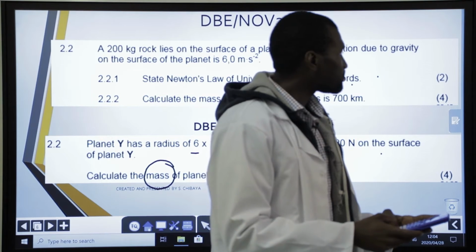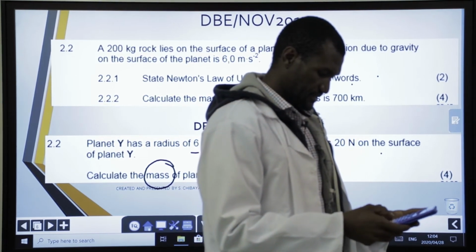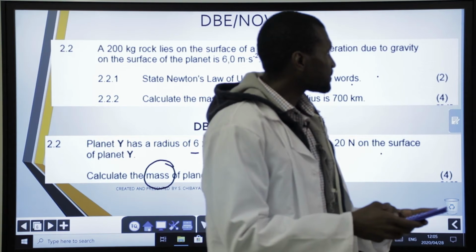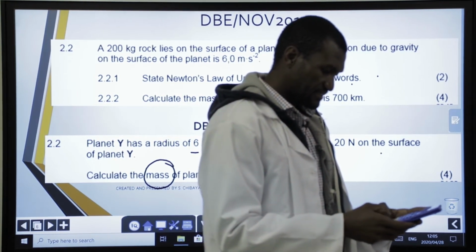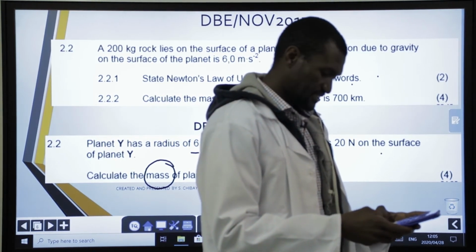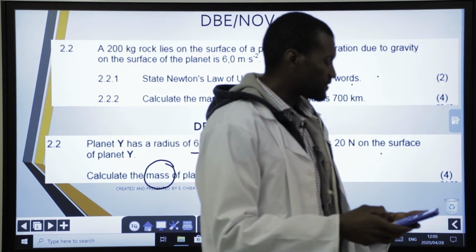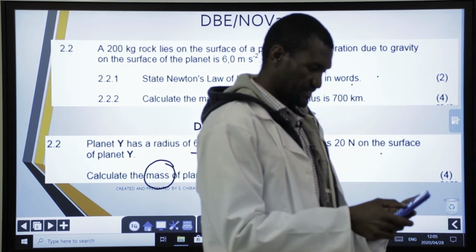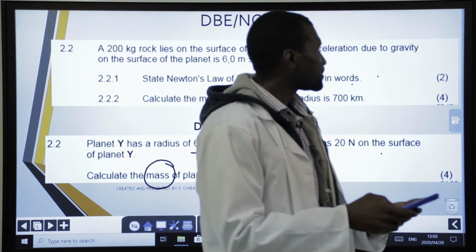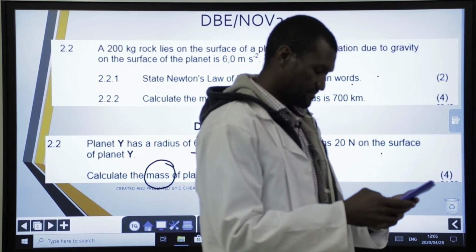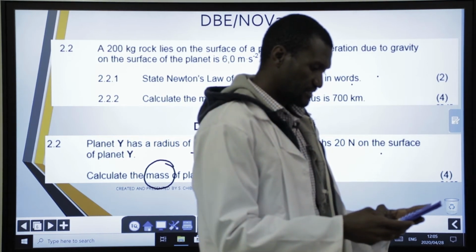And then divided by 6,67 times 10 to the power of negative 11 times 20, which is the mass in kg.